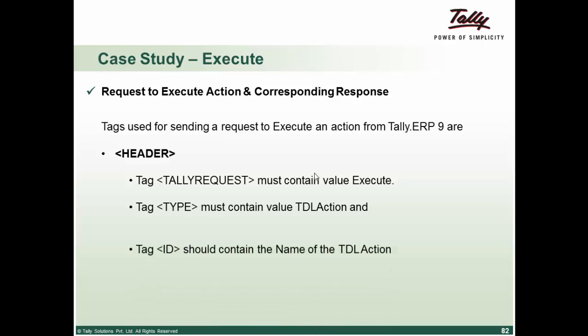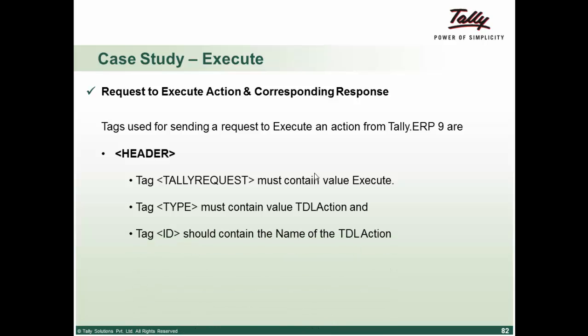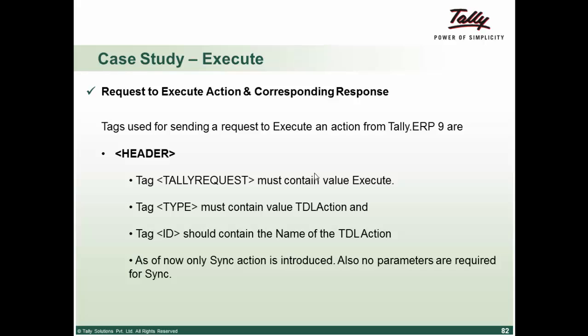Tag type should be TDL, and ID should be the name of the TDL action. Currently, we have only one action available, that is the sync action. That is the only action that we have today, which has no parameters as of now.